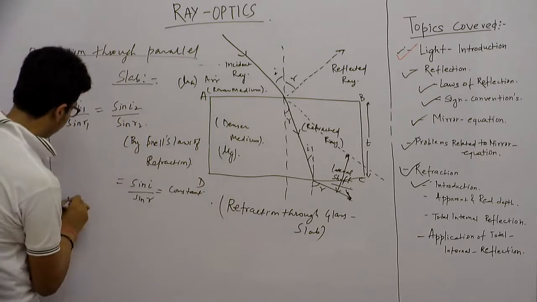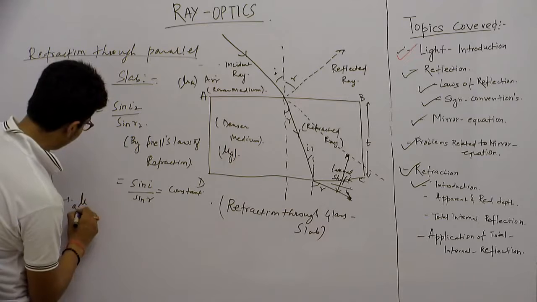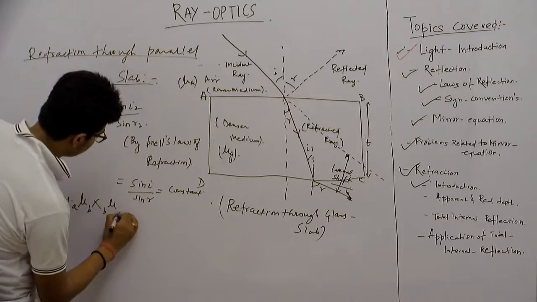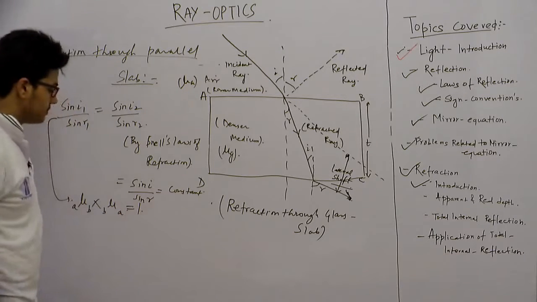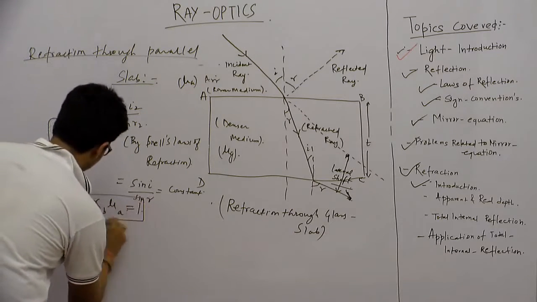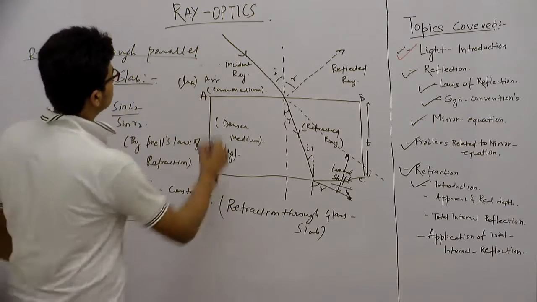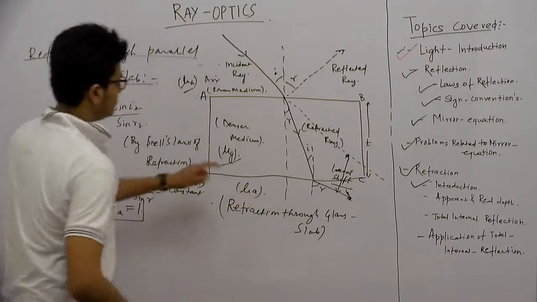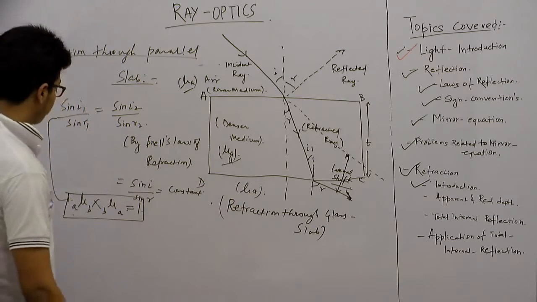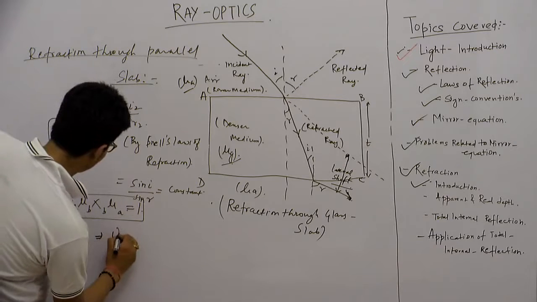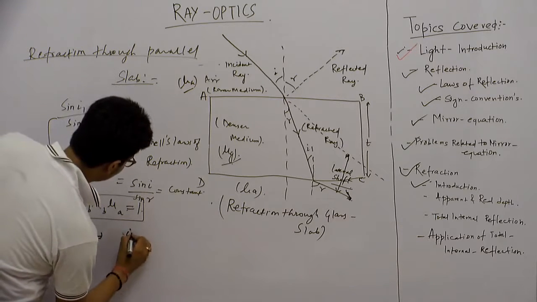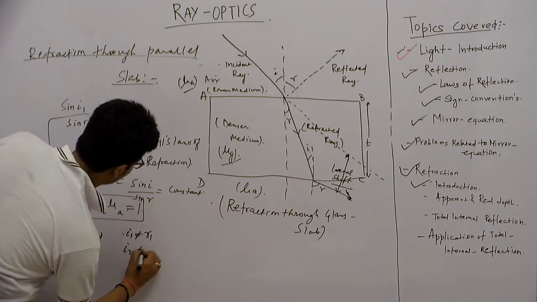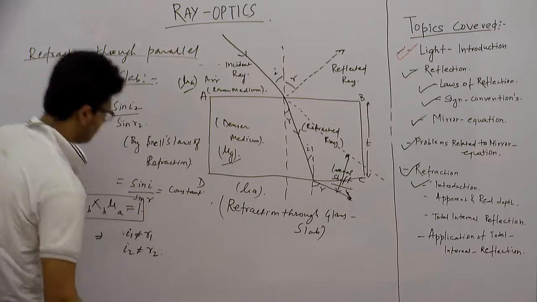So again we write mu of A with respect to B into mu of B with respect to A is equal to 1. Again this is air, so it is mu of A. So here I1 is not equal to R1 and I2 is not equal to R2.